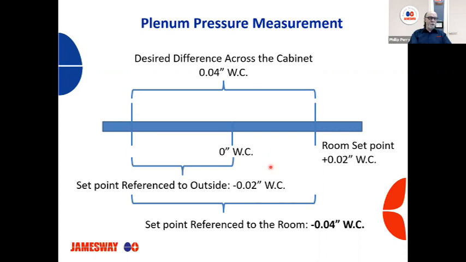And if you reference the room, then you would want the 0.4. So this is how you calculate how you want to run your plenum, whether you're referencing it to the machine hallway, to the room, or to the outside.